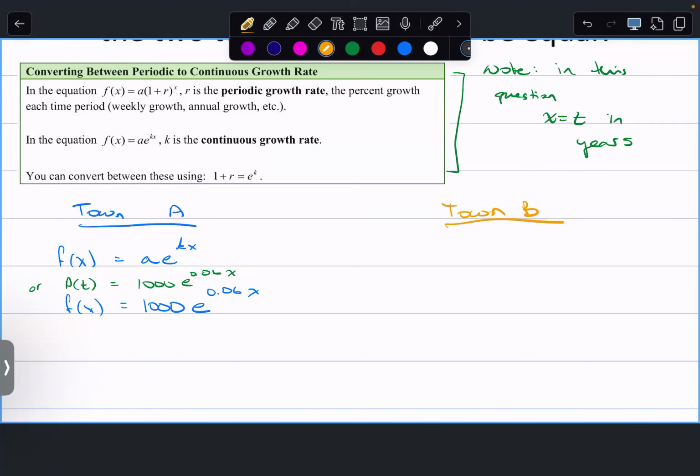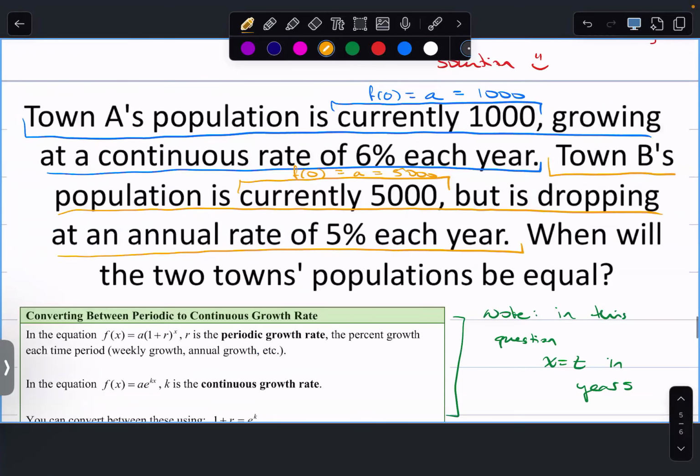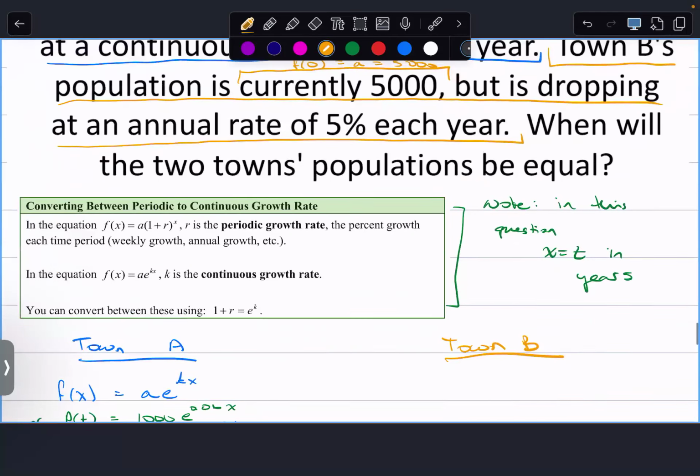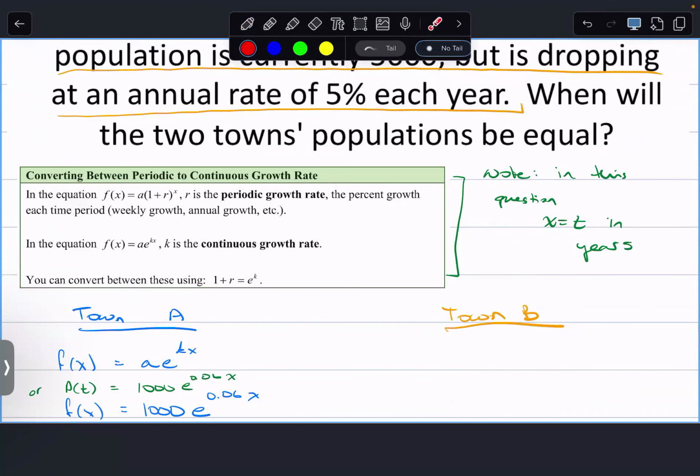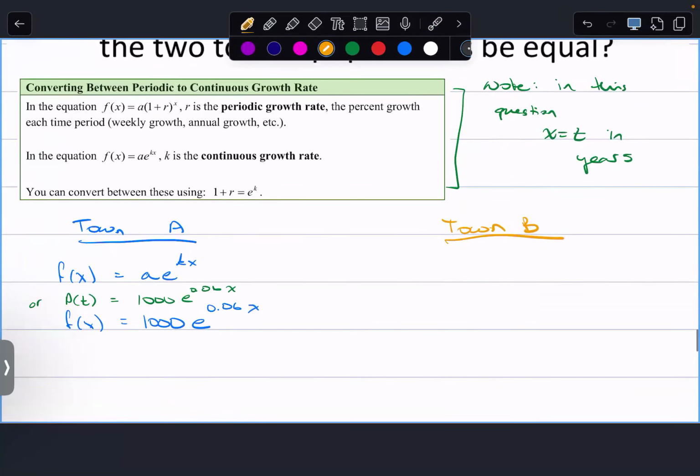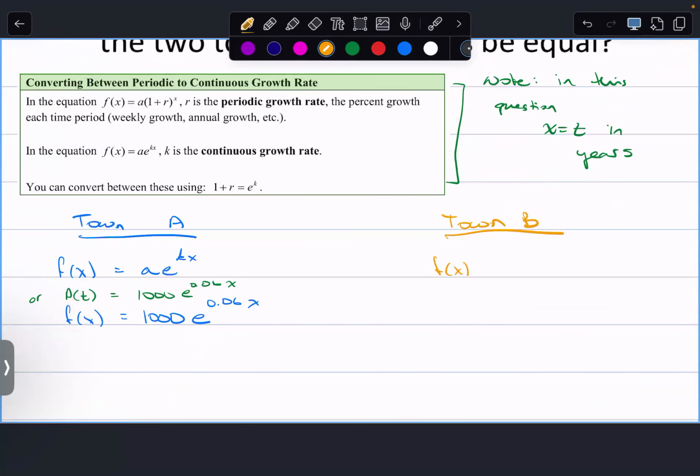Town B is currently at 5,000, but it's dropping at an annual rate of 5% each year. And so we're going to have f of x is a times 1 plus r to the x. So f of x is a times 1 plus r to the power of x.